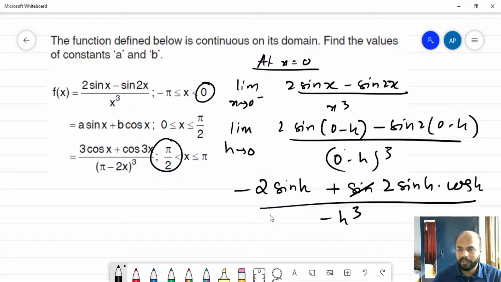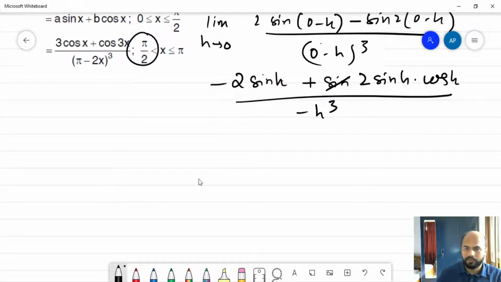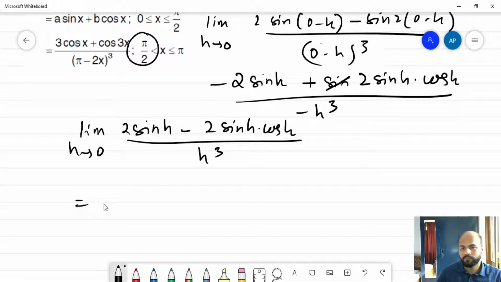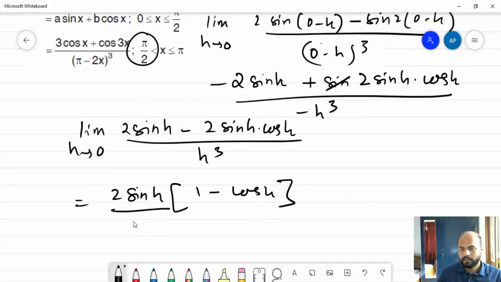So overall we can write it the same way as it was earlier. Limit h tending to 0, 2 sin h minus 2 sin h cos h divided by h cube. Overall what we get is 2 sin h is going to come outside, 1 minus cos h is going to stay. So this 1 of the h square I'm going to take here, and the remaining h I'm going to take here.